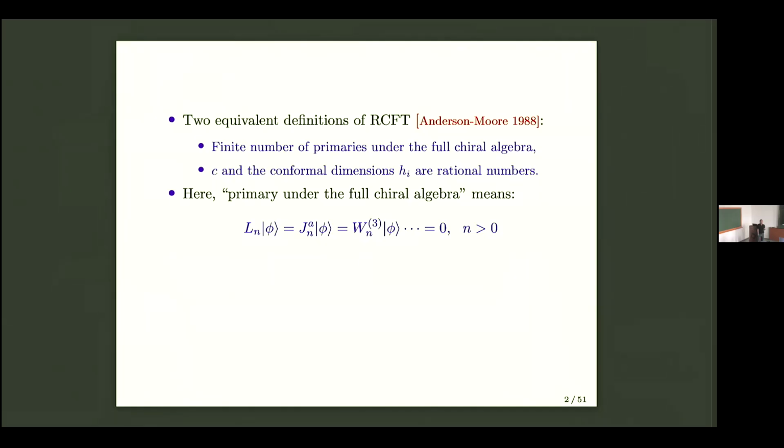In principle there could be infinitely many chiral fields, but if some of them are themselves composites of the others, then you don't have to worry about them. So, for example, if you have a spin 1 current, then the stress tensor itself can be the Sugawara one, and you don't have to worry about it because any primary of J will be a primary of L. In this way, you usually have some finite number of chiral generators.